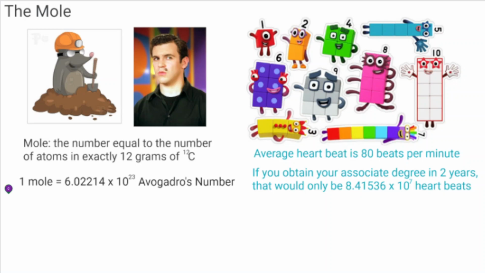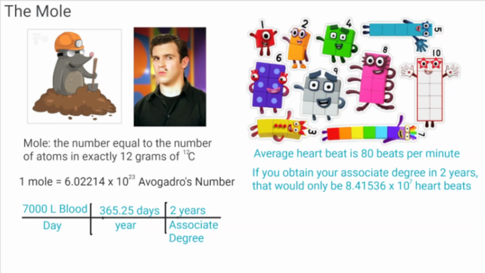So let's take a look at, say, red blood cells. So if the average heart pumps 7,000 liters of blood a day, we can cancel out the days by saying there's 365.25 days per year, counting for the leap year. Then we can multiply that by 2 years per degree. And then finally, we can convert our liters of blood into red blood cells.